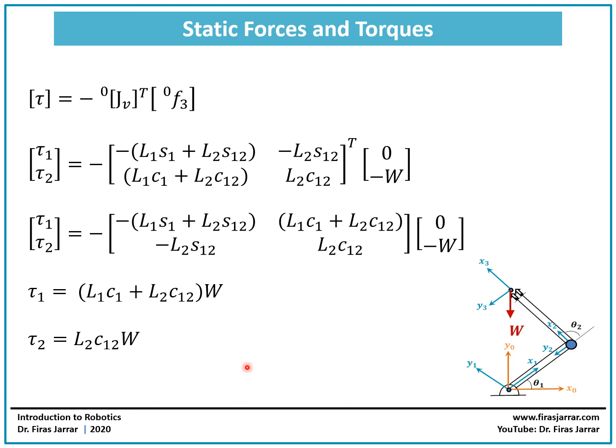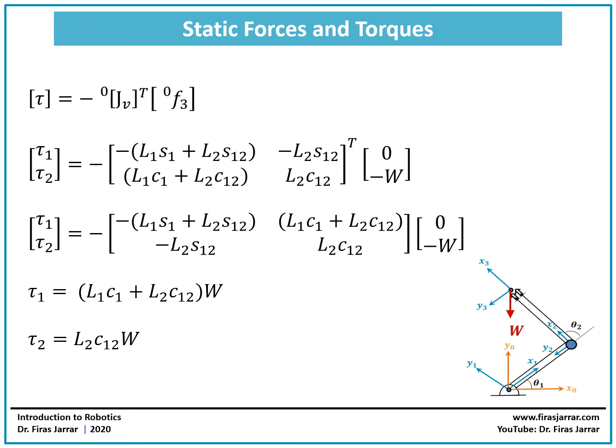Now, just for extra explanation, or for extra verification, we can try to solve it again, but this time with the formula where everything is expressed in the end effector frame.